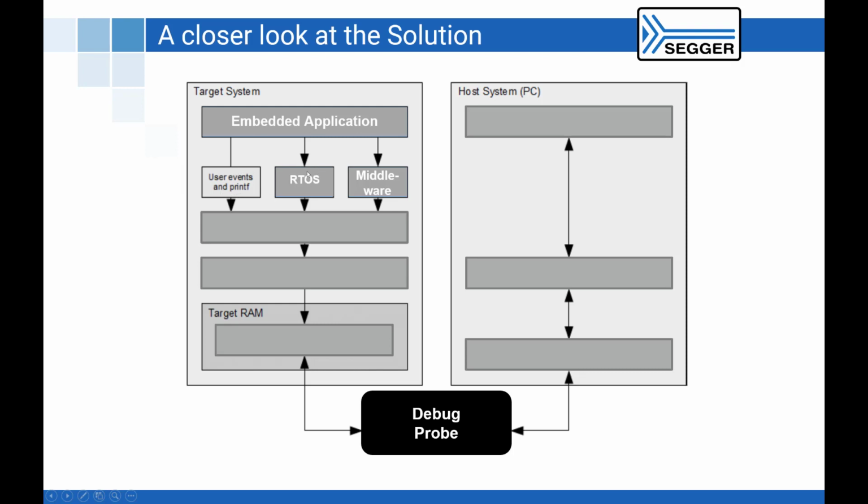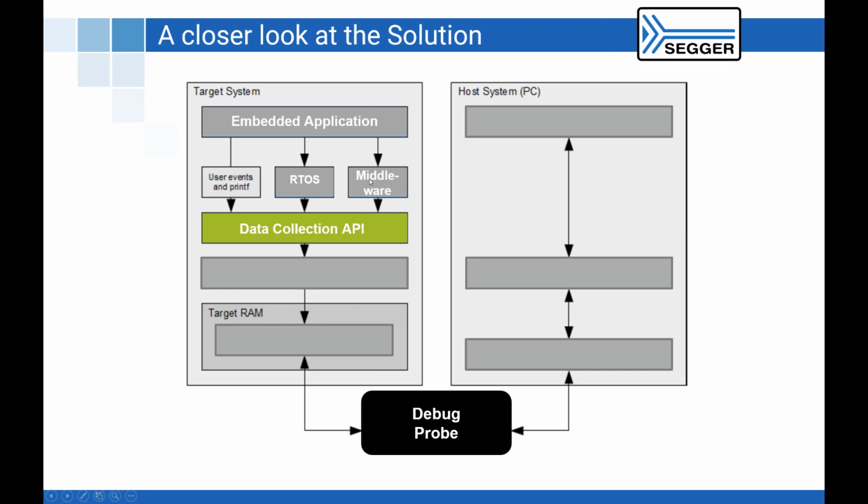Your RTOS, when it's switching tasks and executing things, it's creating a lot of events. And then obviously any kind of middleware you might have running on it, USB stacks, networking stacks, those are creating lots of events. So what needs to happen is these events need to be collected.